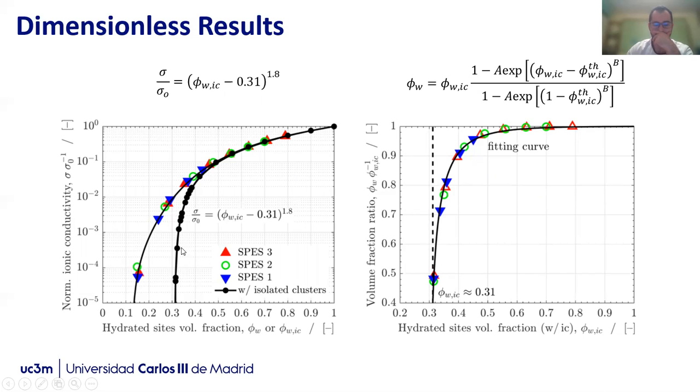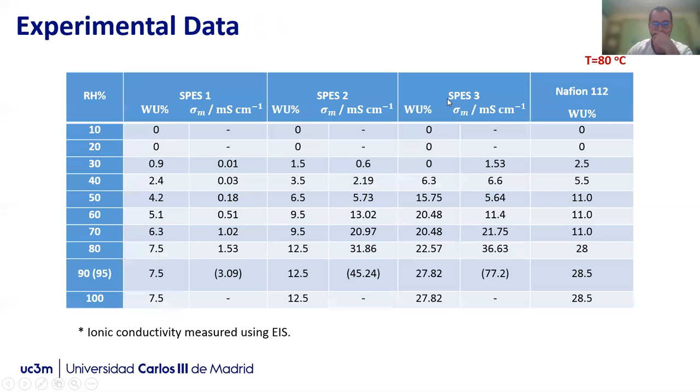So we come from the results of the network with isolated clusters, and we can put this fitting also here on our computed results for the network without isolated clusters. This is just a confirmation that the model is working right, and we can even put some equations there to correlate the data.